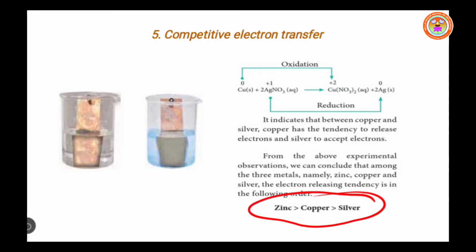This is the electron releasing tendency of the three metals. This kind of competition for electrons among various metals helps us to design galvanic cells. In 12th standard, we will study the galvanic cell in detail. That's all about the types of redox reactions.